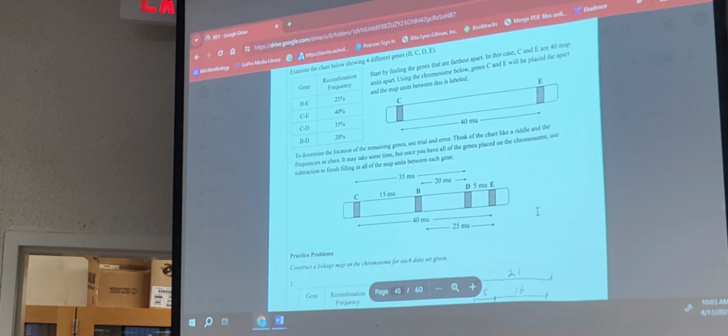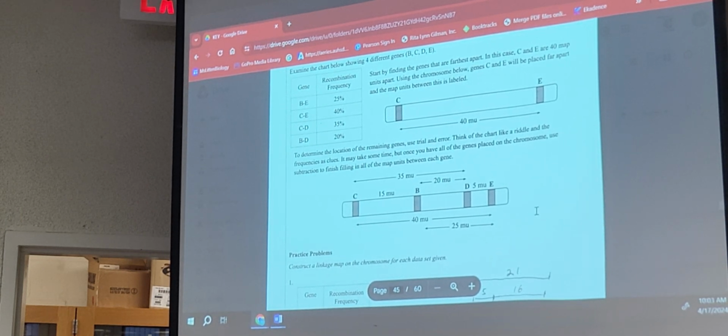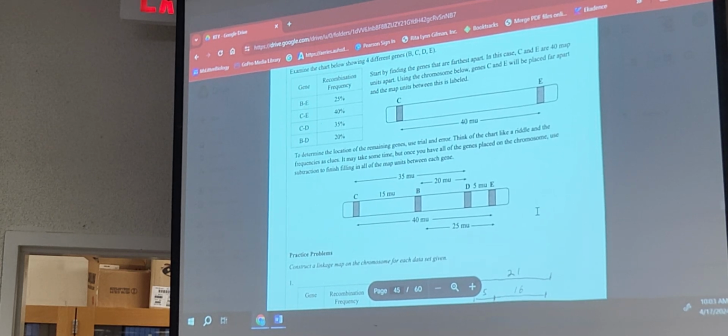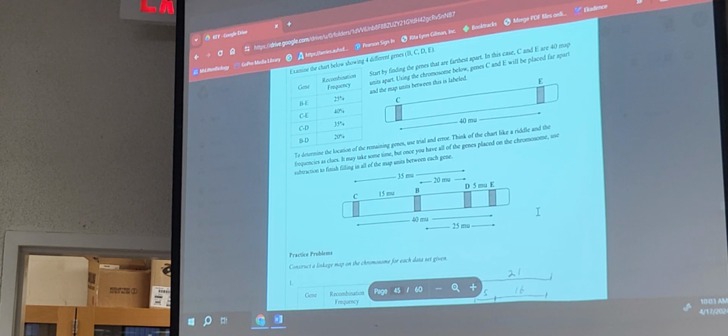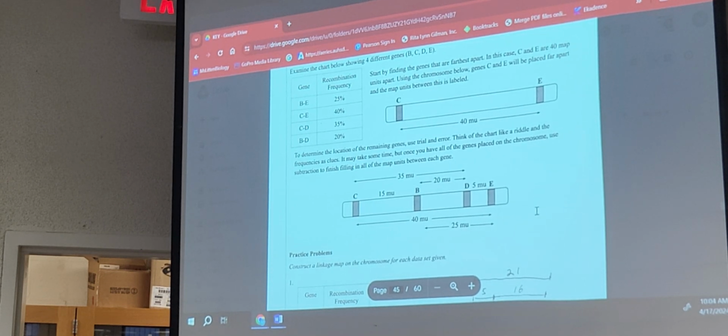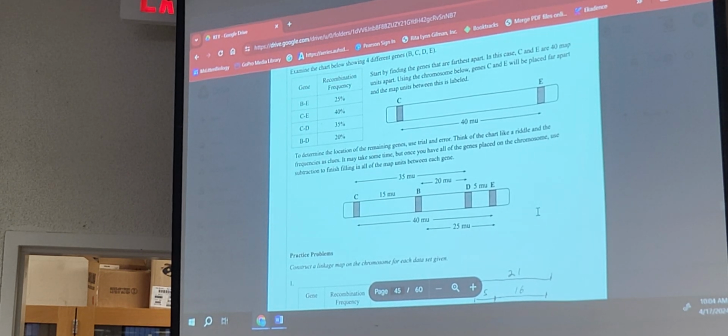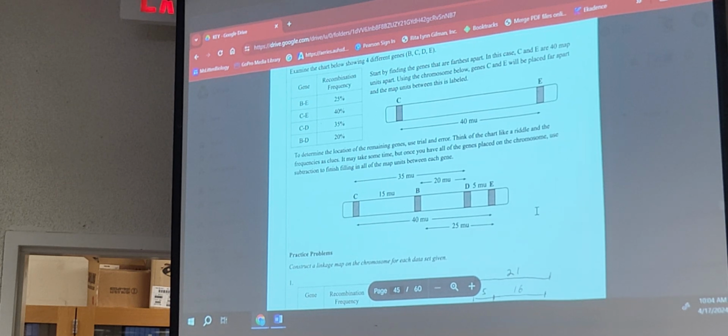we've got 35% C and D. So the next furthest apart is C and D. That means D is either here or here. D's units are smaller than C and E's, right? But C and D is 35.